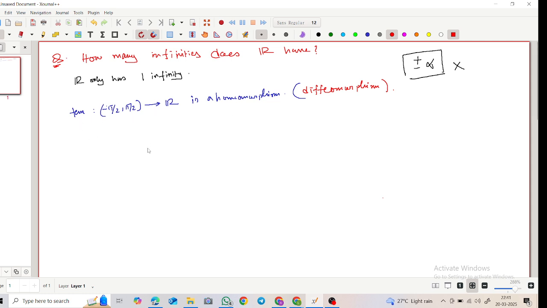So it's a diffeomorphism because you can have tan inverse from R to minus pi by 2 to pi by 2. This is again a homeomorphism, right? Now you see this thing.